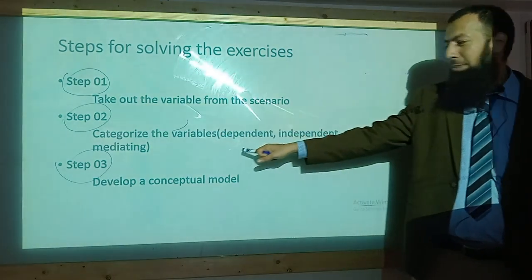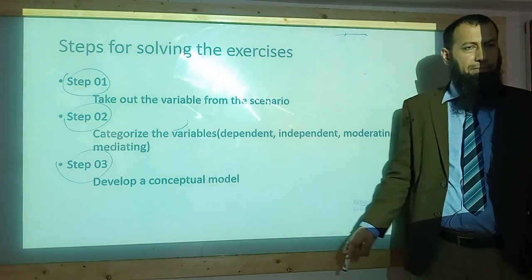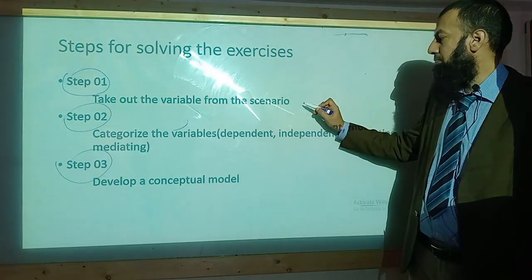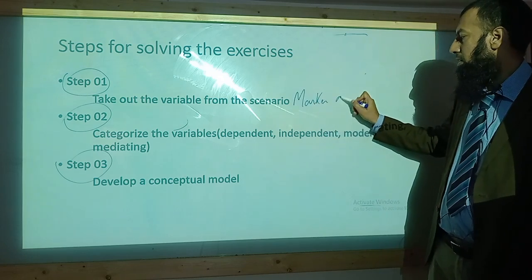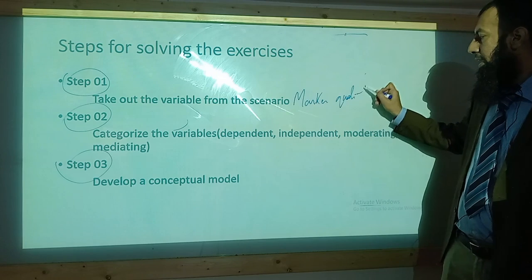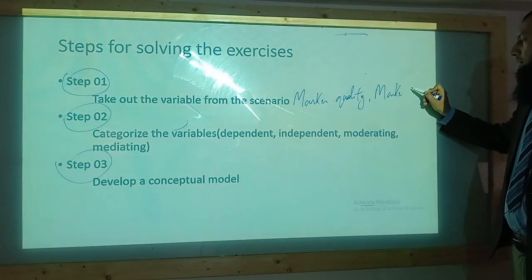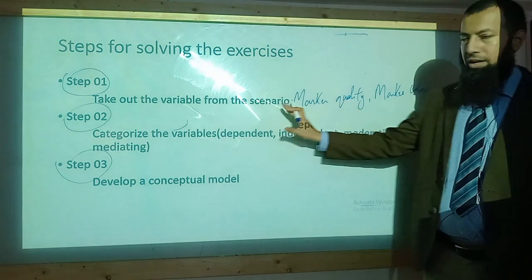The second step is to categorize them as per their types. You have to categorize them. For example, there are two variables, marker quality, marker color, for example. Price. Color. Okay. Over here, step 2.